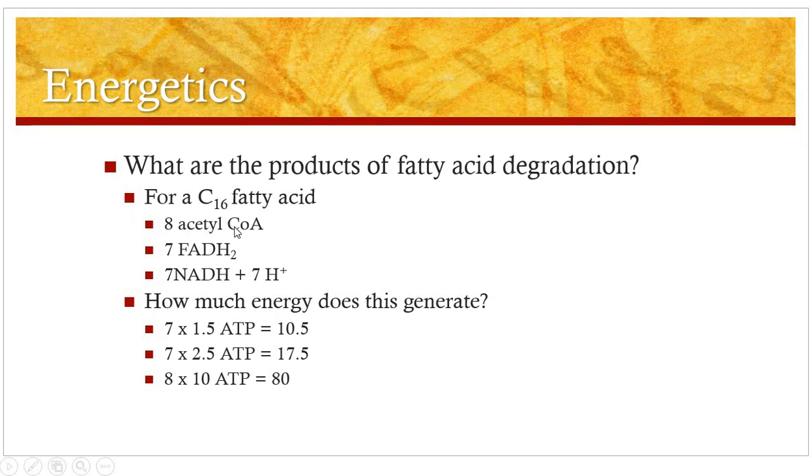One molecule of acetyl coenzyme A produces 10 ATP, so 8 molecules will produce 80 ATPs. In total we get 108 ATP minus 2 ATP, because 2 ATP are consumed in the activation step. So we get a total of 106 ATP in beta oxidation of the fatty acid.